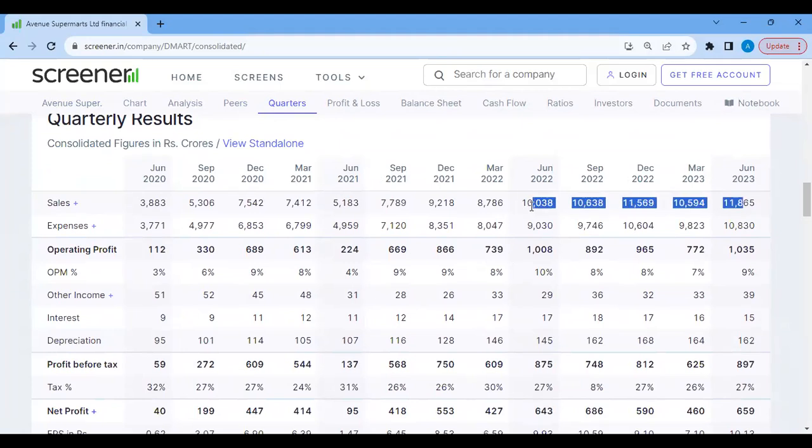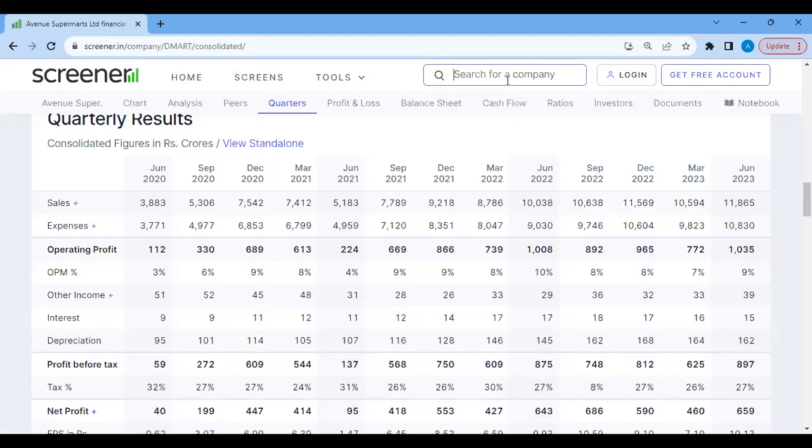All numbers are very similar to each other. Right? So DMart is a very stable business. Any quarter can be compared to the previous quarter. There is no seasonality involved. Right? So this is a clearly stable evergreen business, while Vedant Fashion was a seasonal business.